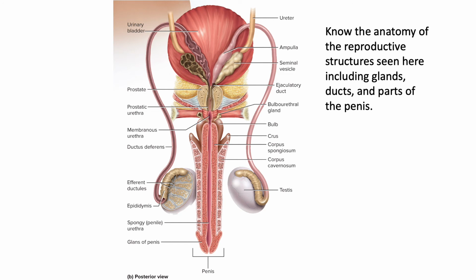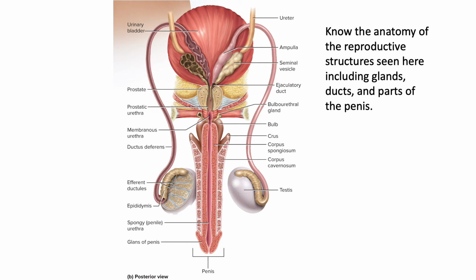Again, the ductus deferens leads into what's referred to as the ampulla, a larger swelling of that ductus deferens just before it meets with the fluids of the seminal vesicle at the ejaculatory duct. So the ejaculatory duct is where the sperm meet the fluid of the seminal vesicle, and those two enter the prostate.